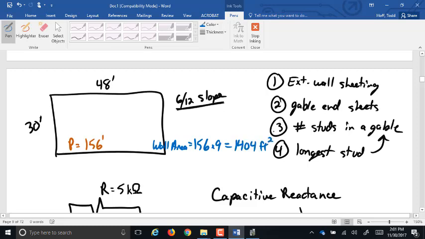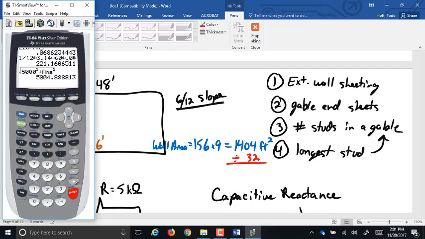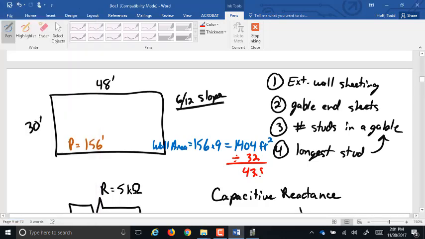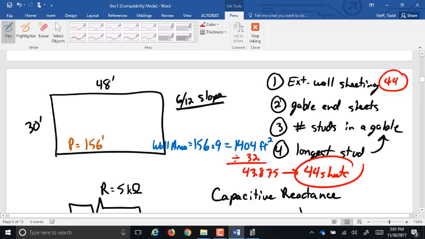That's square feet. We divide that by 32. Yep, 43.875. So 44 sheets there. So it's 44 for this.